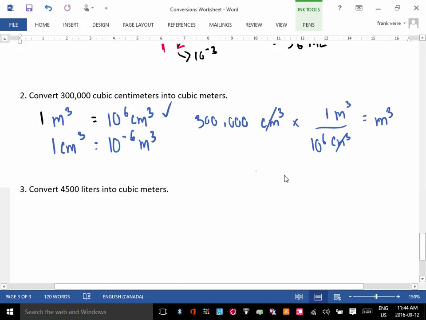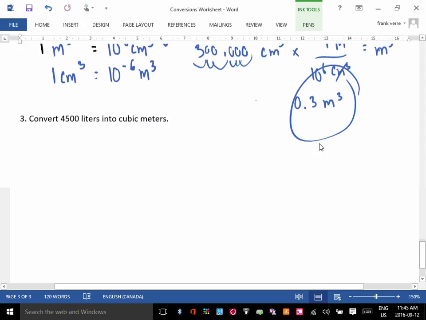That's 3 times 10 to the 5, so that should be 0.3, because again, we move the decimal over 1, 2, 3, 4, 5, 6. Okay? There's our answer. And the last one, and you can fill in the tables, and then tomorrow we can take a look at what the answers are, okay?